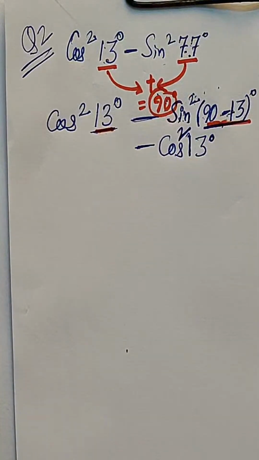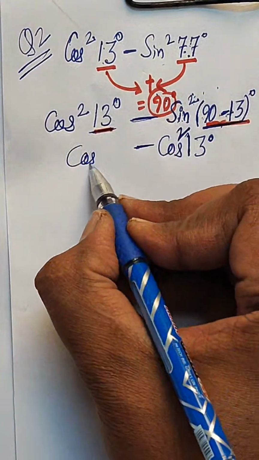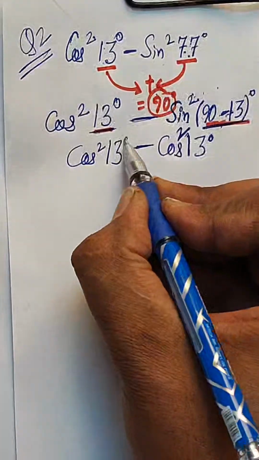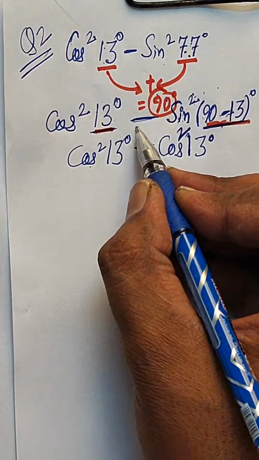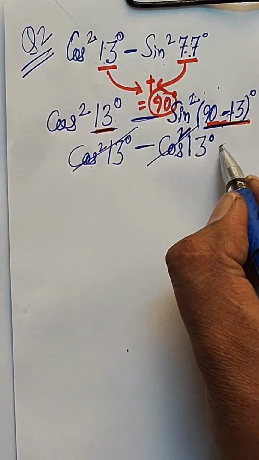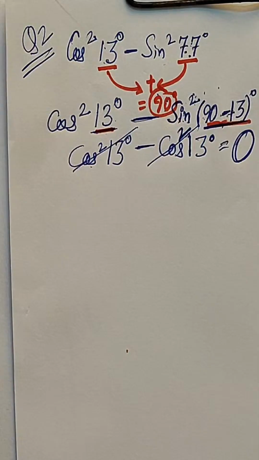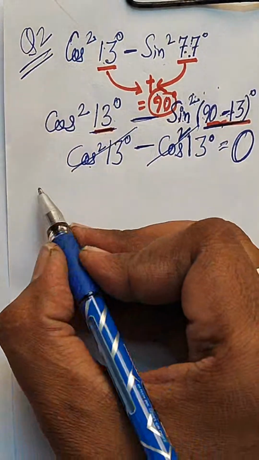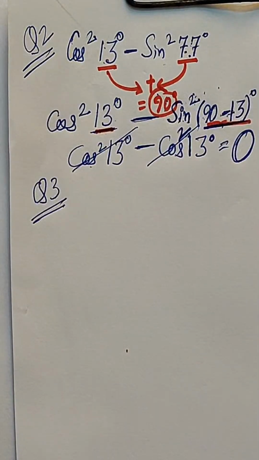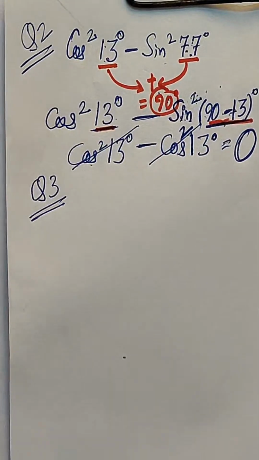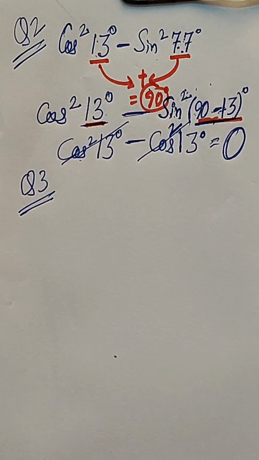So it will be cos square 13 degree. And here we already have cos square 13 degree. So cos square 13 degree minus cos square 13 degree will be how much? This will be cancelled out and your answer is equal to 0, a big 0, right? So in this way we can see such questions can be solved. Let me take some more, a little tougher question, or maybe one where you can apply more concepts.